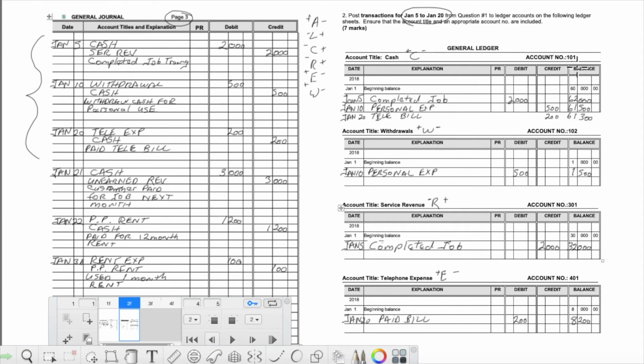Well, it got recorded on account number 101. So we would write 101. Perfect. And then you could go here. And where did this come from? Well, all of these actually came from page 3, right? So we could actually fill those out right now because we know they all came from page 3.